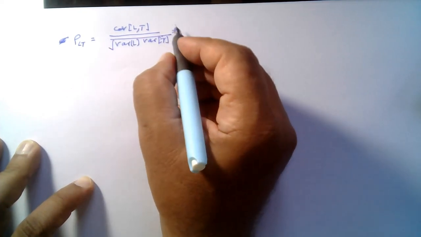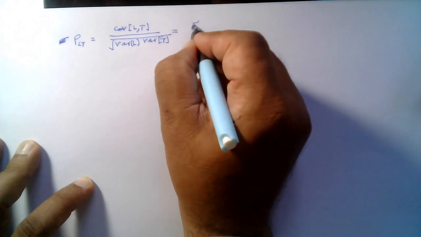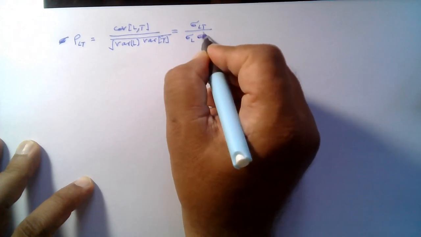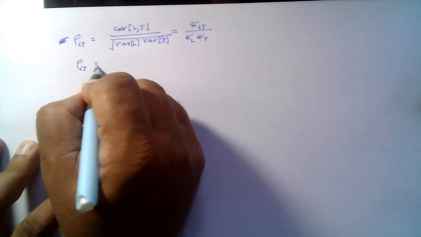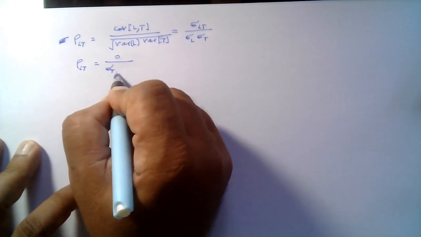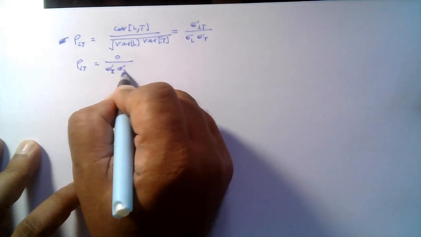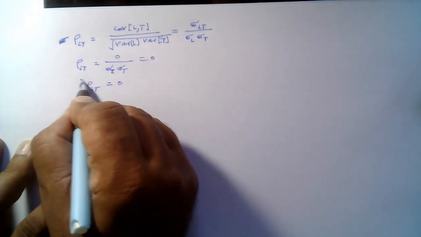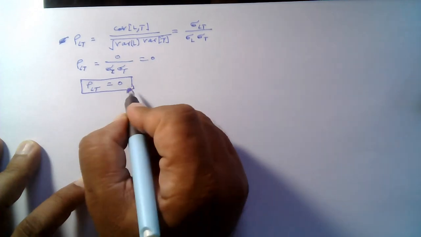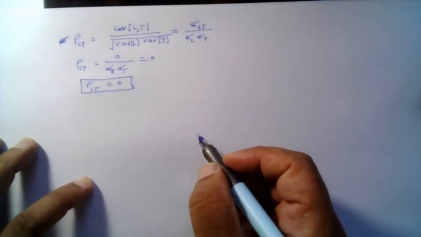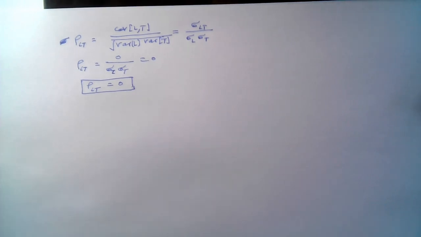We can also write it as covariance of LT divided by the standard deviation of L and standard deviation of T, right? So if the covariance is 0, then whatever is in the denominator will not matter much. So the correlation coefficient of the random variables L and T is also 0, which again means that the random variables L and T are uncorrelated.